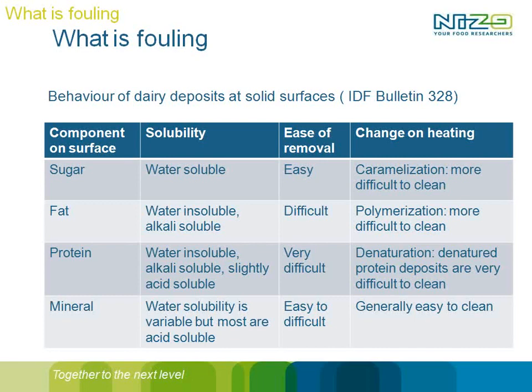To start with, you see we have sugar, and of course you all know that it's water soluble and normally pretty easy to remove. But once you've heated it, you have the risk of caramelization, and in that case it's getting more difficult to clean. However, looking at all four, it is still one of the easiest to remove during a cleaning process.